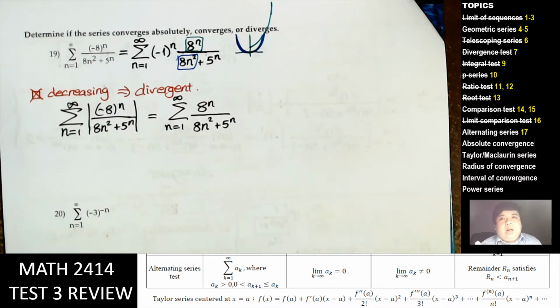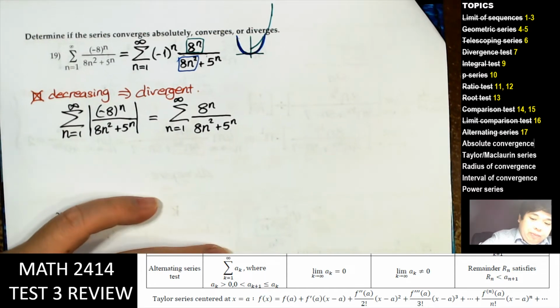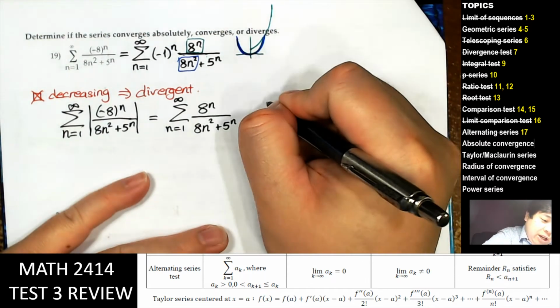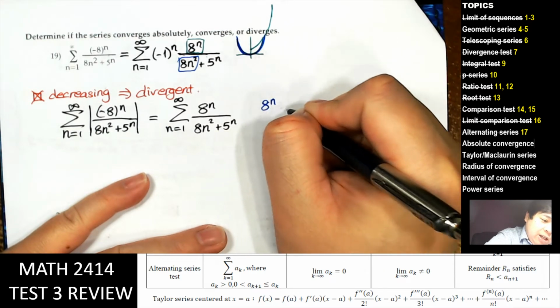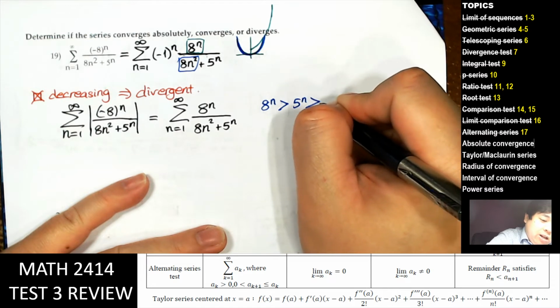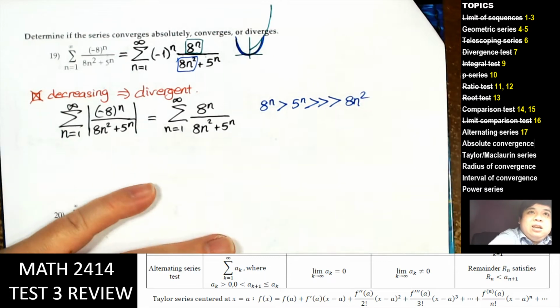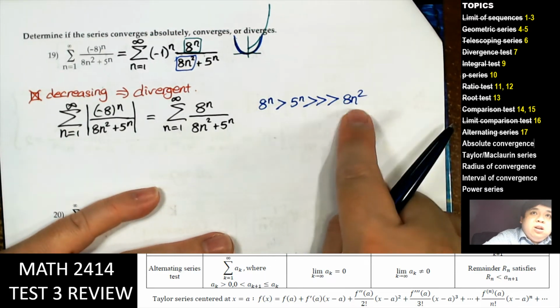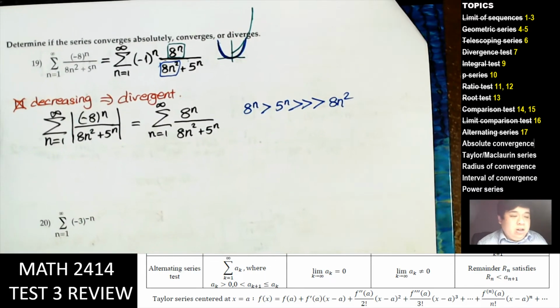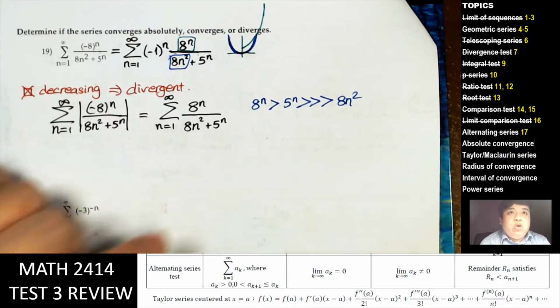We could use the limit comparison test or a lot of different things, but what we see here is, a_n is a little bit bigger than 5^n, but either of that is a lot bigger than 8n^2. Quadratic is not going to infinity as fast as an exponential function.